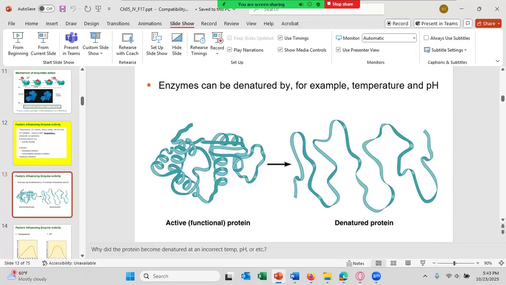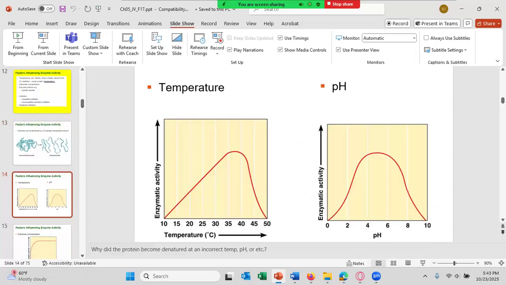All right, any question about any of that? The enzyme has to be at its correct temperature. This enzyme has its optimal rate of activity at 37 degrees. So this would be an enzyme like in a human, where at 37 the enzyme has its most activity, its optimal activity.